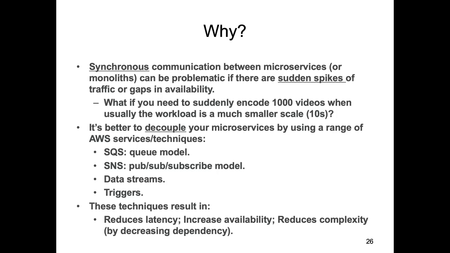If there's a spike in the volume of requests coming into service A, it must scale up, obviously, and equally, service B must scale up in line with that. And that coordination of that scalability can be problematic. Also, if service B is just not accessible because the network is down or because it has temporarily crashed, then service A can't complete its transaction. So those are all the reasons we don't like synchronous communication.